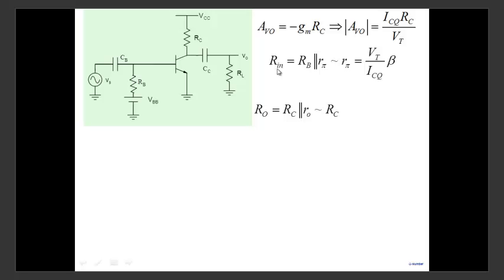Or let's say you want a large value of gain, then you would require a large value of RC. And a large value of RC makes output resistance large, which you don't want again. So you see a trade-off between gain, input resistance and output resistance, and it's very simple to look at these three quantities and see that this is true. AV0, magnitude of gain, multiplied by Rin divided by R0 will always be less than or equal to beta.